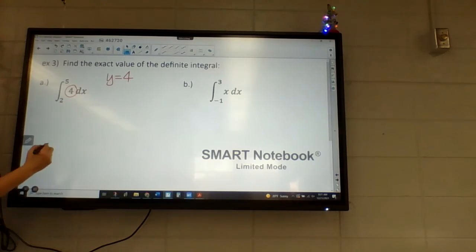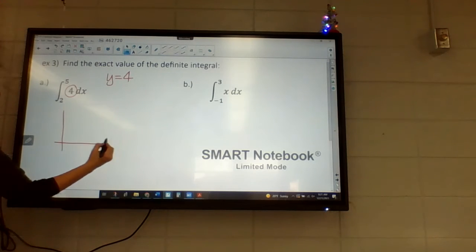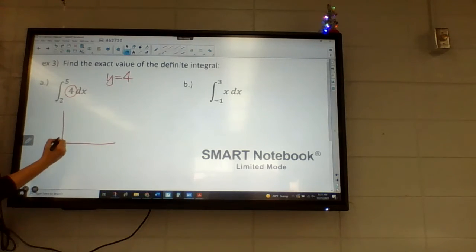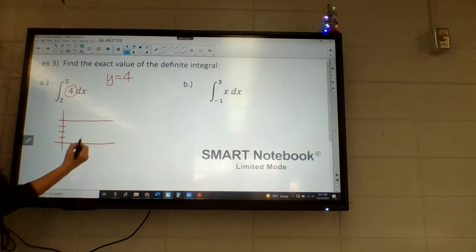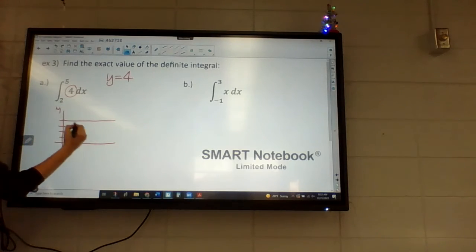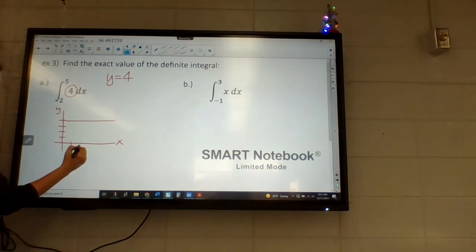If I'm going to put this on a graph so you guys can kind of see what I'm talking about here, it doesn't need to be a perfect graph. I'm just trying to show you guys what's going on. Y equals 4 is a flat line at 4. But where am I looking for this situation to occur? What part do I care about? From 2 to 5 in our x value. So this is the y, here's our x, so from 2 to 5.